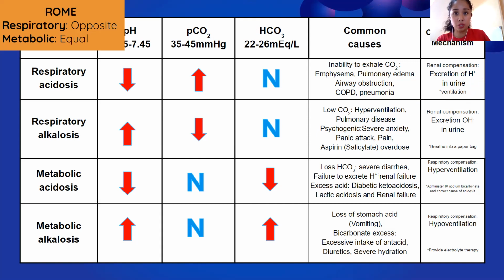So meaning if something is wrong with the lungs, the kidney is there to support. The kidney is there, at the back. The kidney will support when there is respiratory acidosis. So class, as a compensatory mechanism, since there's something wrong with your lungs, there will be renal compensation. Your kidney will kick into action.